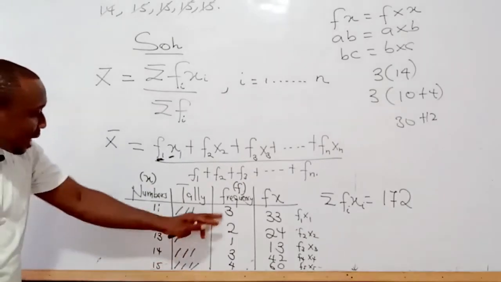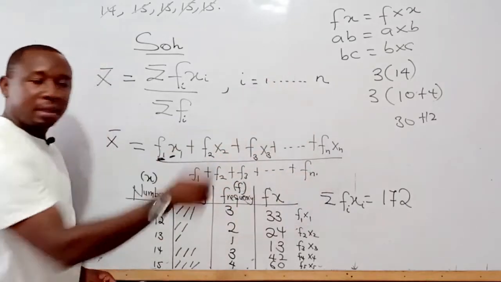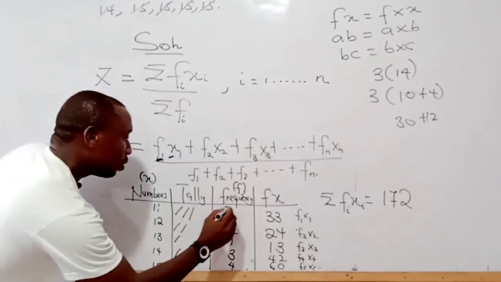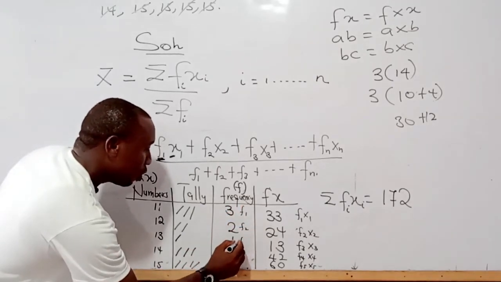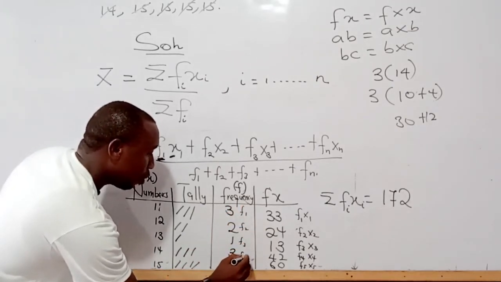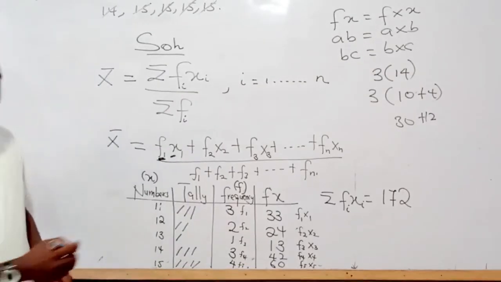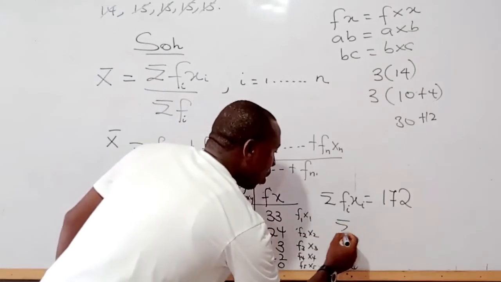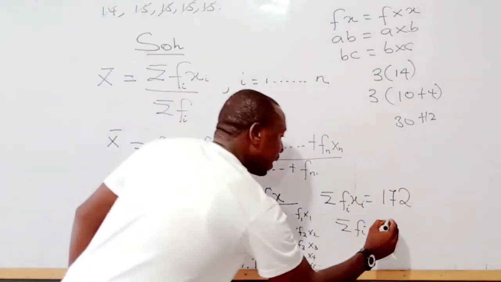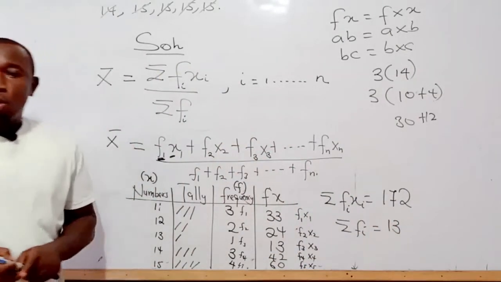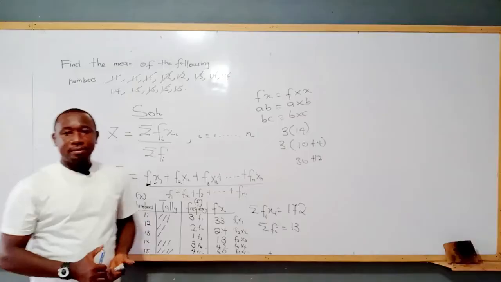And then when you sum all the frequencies, F1, F2, F3, F4, F5, the sum of all the Fi's is equal to 13.